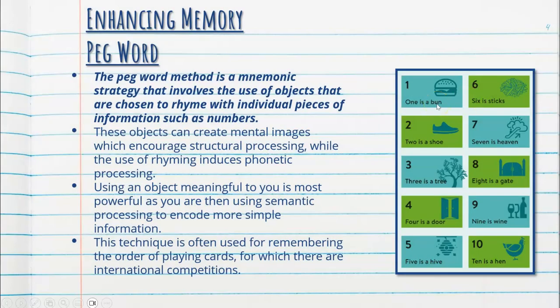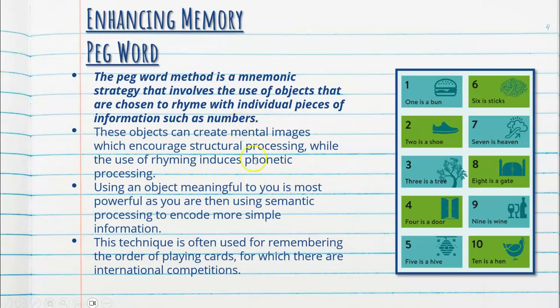Next, we have the peg word technique. The peg word technique or method is a mnemonic strategy that involves the use of objects that are chosen to rhyme with individual pieces of information, such as numbers, as you can see here. These objects create mental images which encourage structural processing, while the use of rhyming induces phonetic processing.